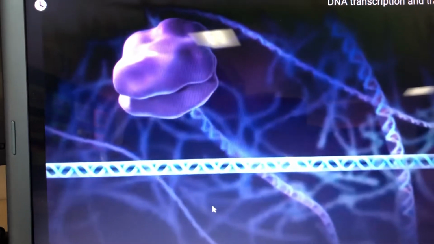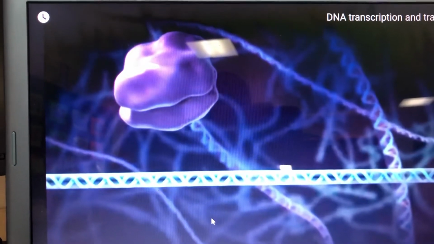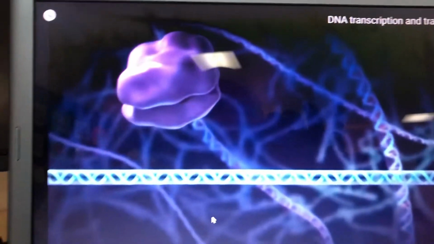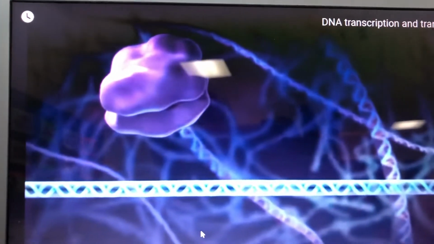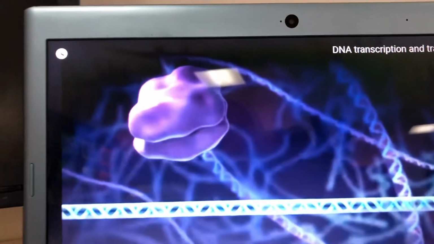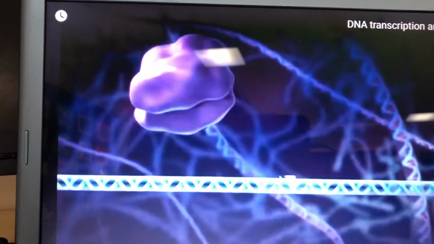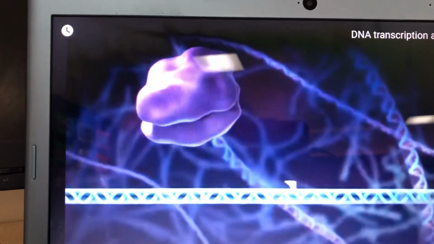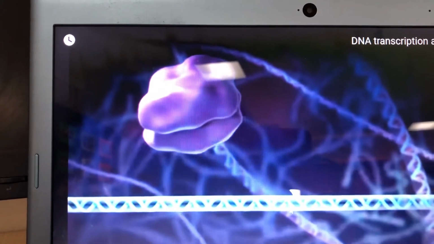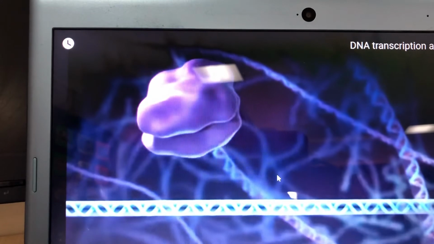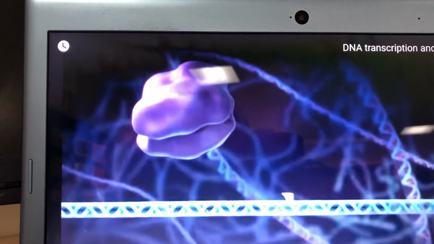The transcription, as we learned before, happens when one strand of DNA is used as a template for the mRNA strand, and this happens by the help of the RNA polymerase enzyme attaching to the starting point until the whole mRNA is formed, and this mRNA will have the message of the genes.